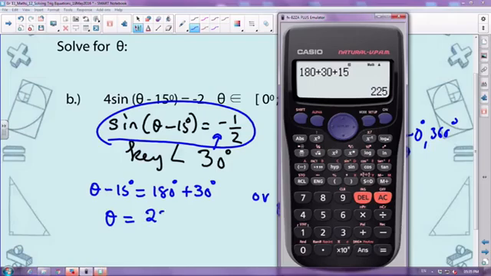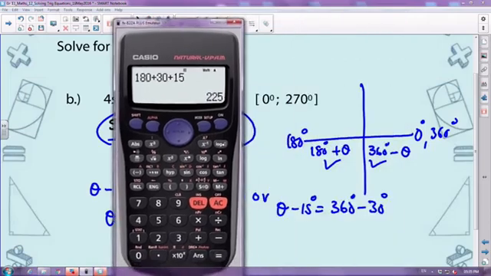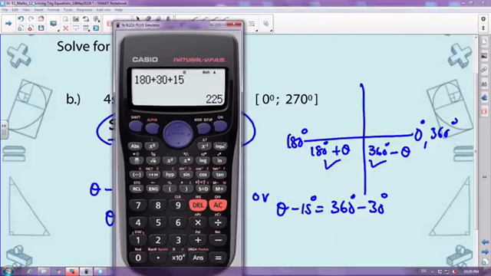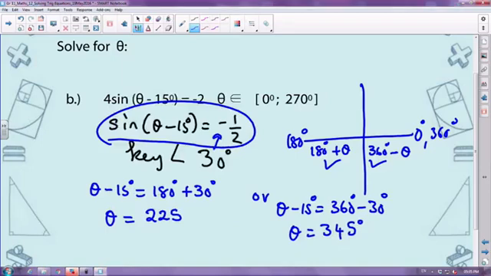Okay, so you've got 225, and then 360 minus 30, that's 330, plus 15, so theta will be 345. Now if you look, we said between 0 and 270, so 345 is out. But if you've used the general solution, you'll be able to see all these solutions. But because we're just recapping on what you guys have done in grade 10, let's just stop there for now.